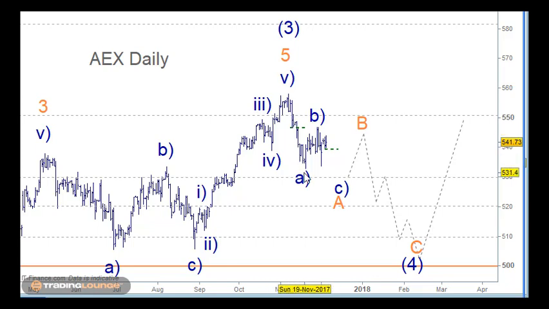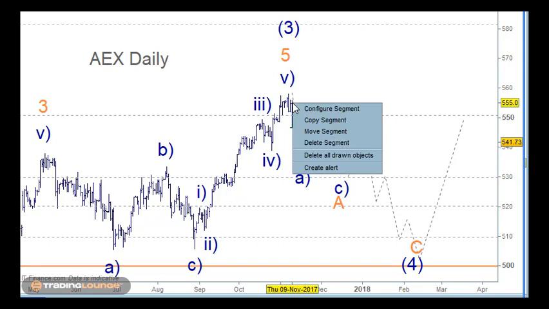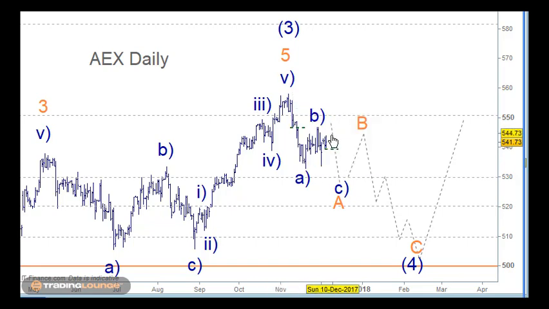If this is wave 1 here and this is wave 2 here, then the wave 3 down here will be longer than this move here. So this move here is this length here. If it is an ABC, then there'll be equality between the A and the C wave.